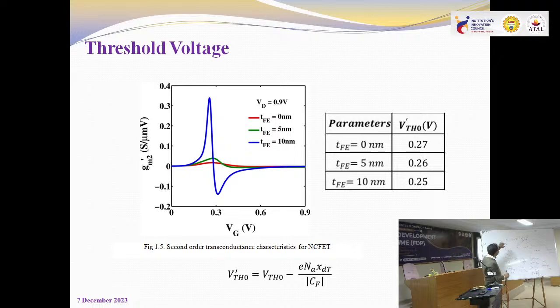There is no relation of VF with speed. VF is the voltage drop across the ferroelectric. So there is no relation. If this is increasing, speed has to increase, because this is not related to speed actually. If rho goes down, then only speed goes up. So it means there is some other mathematical relation with respect to speed.